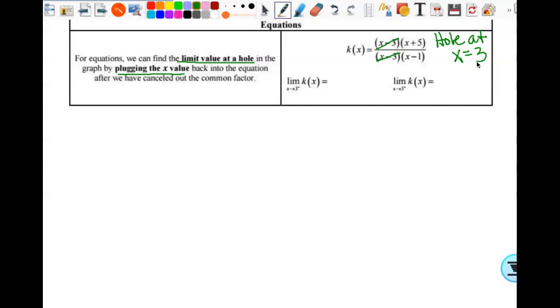And that's good because I also have a vertical asymptote at 1, but it's asking me about 3. It's not asking me about 1, so I don't care about the asymptote, right? And so in order for me to find this, I just need the y value of the hole, so I need k of 3 after I have reduced it. So that's going to give me 3 plus 5 over 3 minus 1. That's 8 over 2, which is 4.